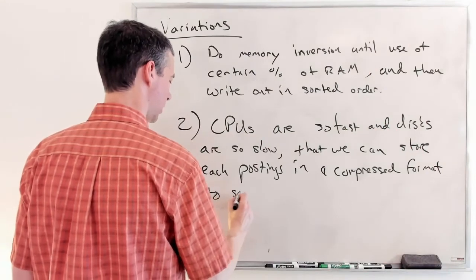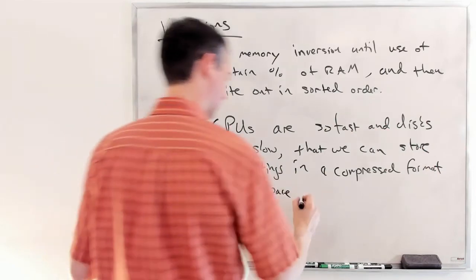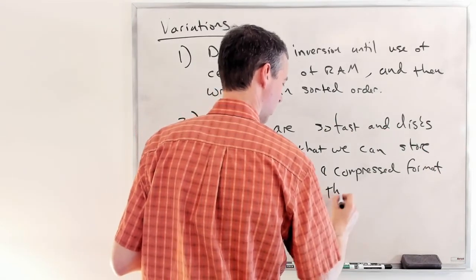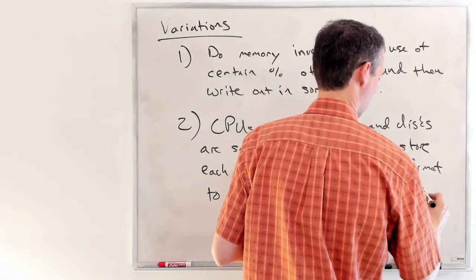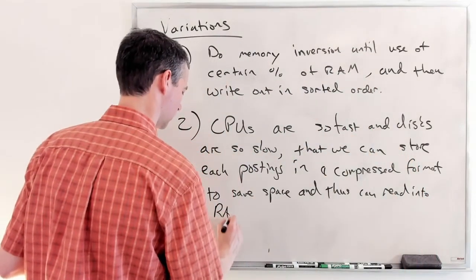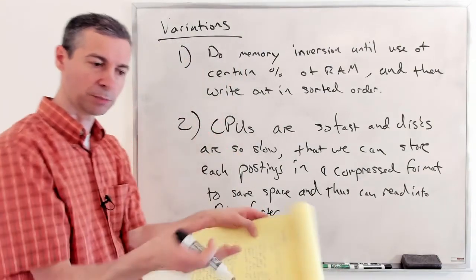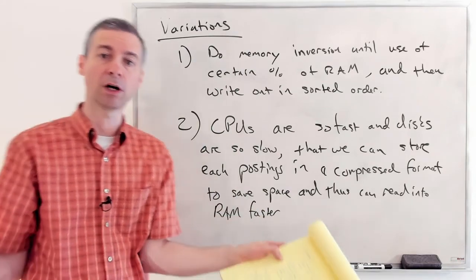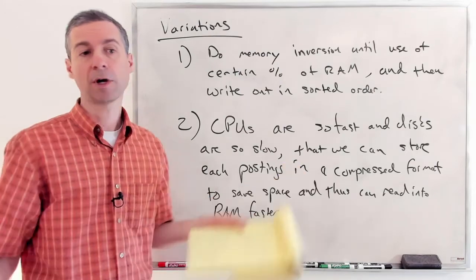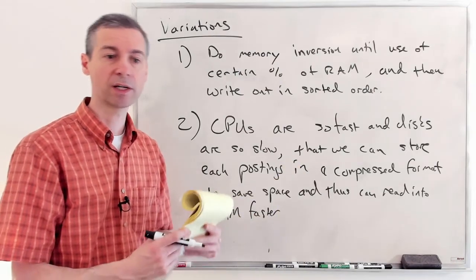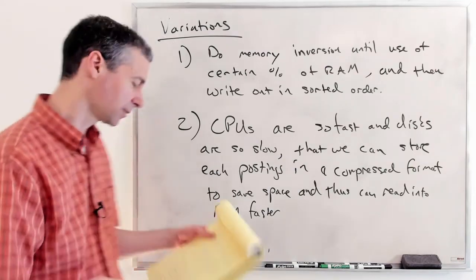This saves space, and thus can be read into RAM faster because we won't have as much to read. Our postings could be really long, could be a big collection, but since it's compressed, we don't have to read as much in. We could probably easily compress it by half, so we could cut the amount of time it takes to read it off disk to about half.